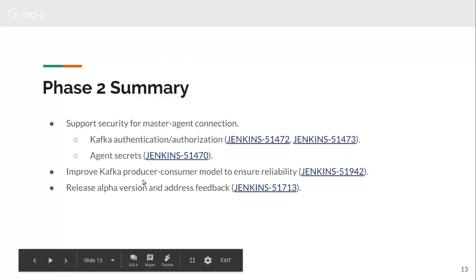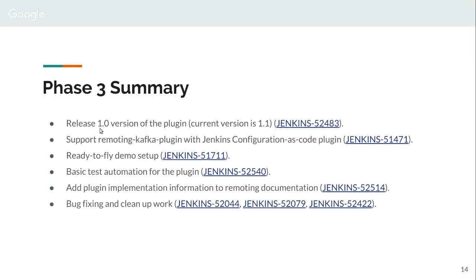Moving over, in the third phase, the important one is the official release 1.0. It's released under the Jenkins main update center, and the current version is already 1.1, which I just released yesterday. In order to receive feedback from the community for the release, we set up a ready-to-fly demo in this phase using Configuration as Code as well as a Ruby script.